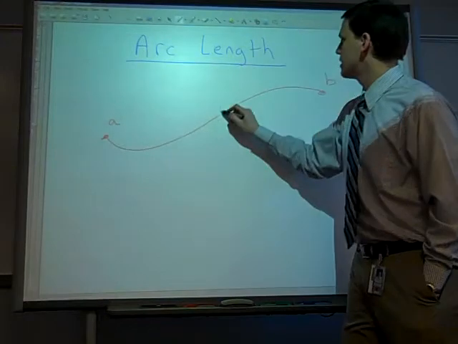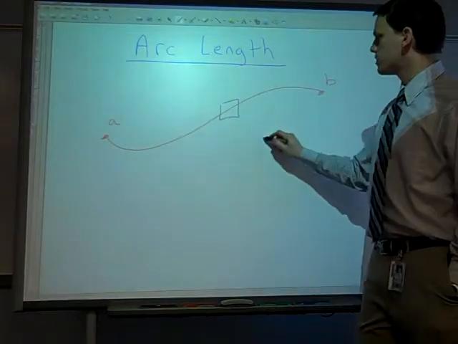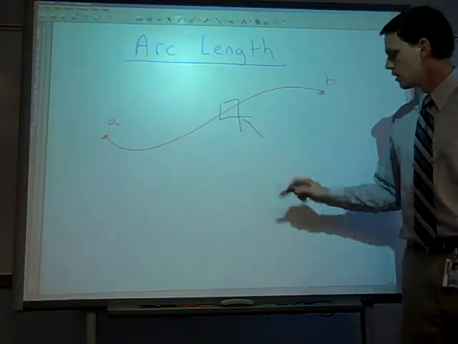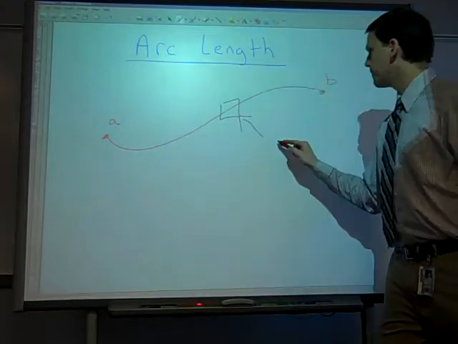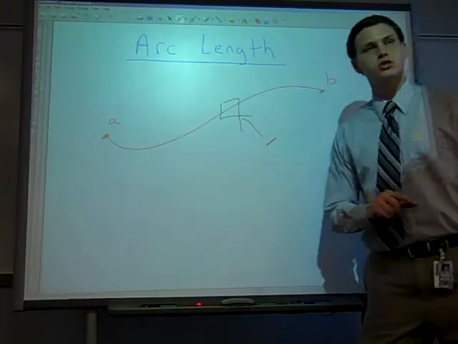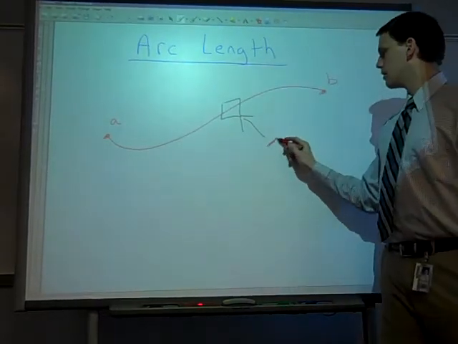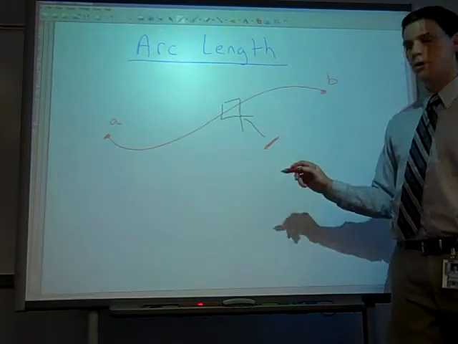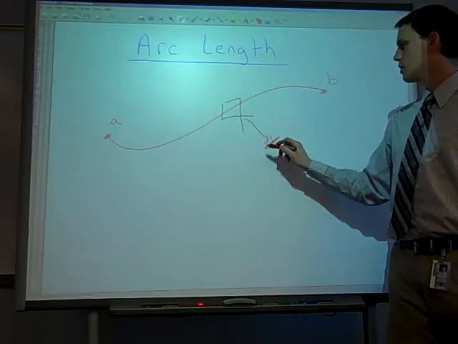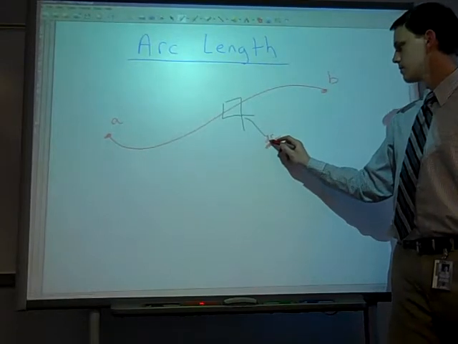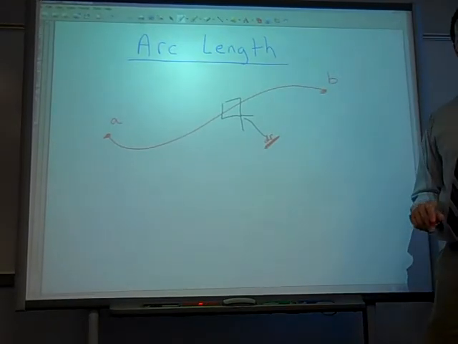And the idea is if you zoom in far enough, you realize that it becomes basically a straight line. It's a really small straight line, which we're going to call ds. D for differential.